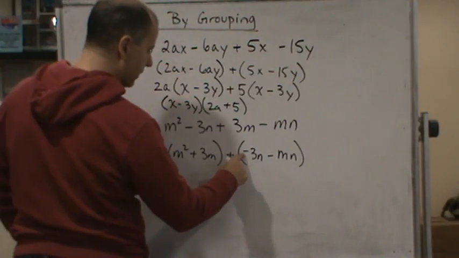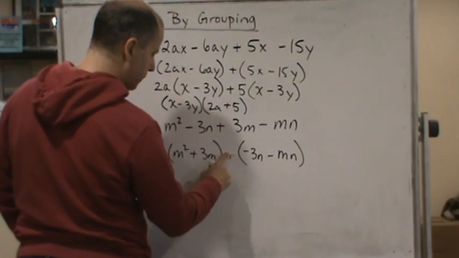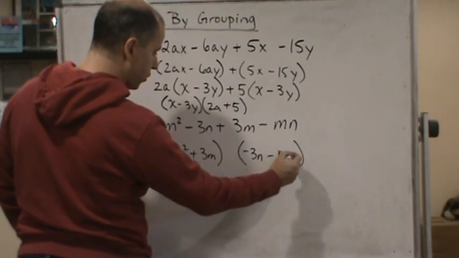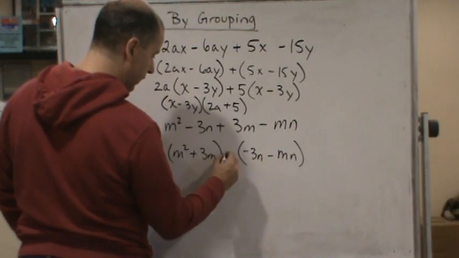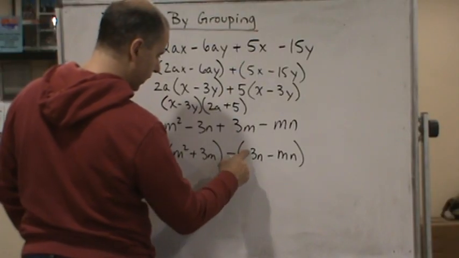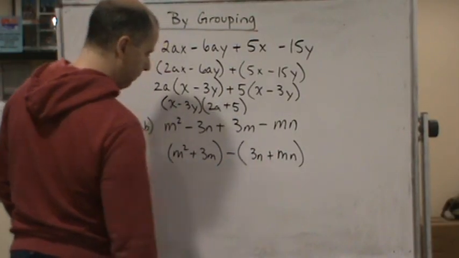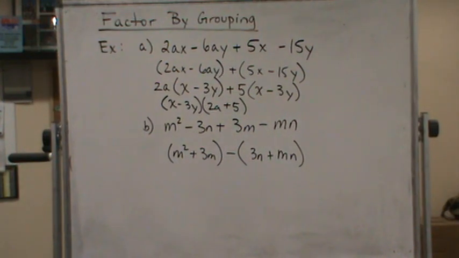Now, I can factor out the -1 here and just make this a subtraction. But just make sure that you factor out the -1. So if you want to make this a subtraction, then this would be plus and that would be plus. So you could do it that way too. Just make sure you watch your signs.